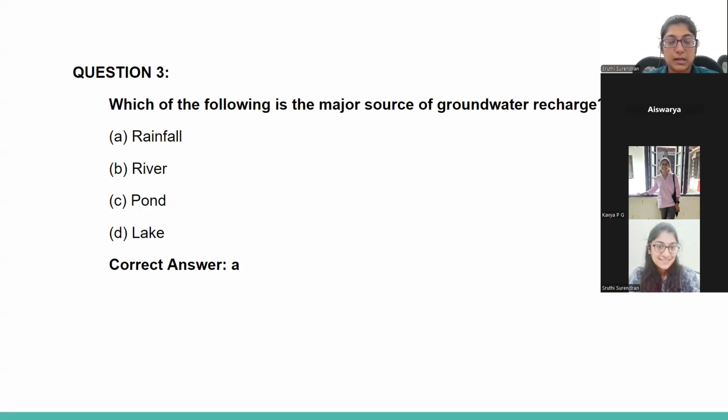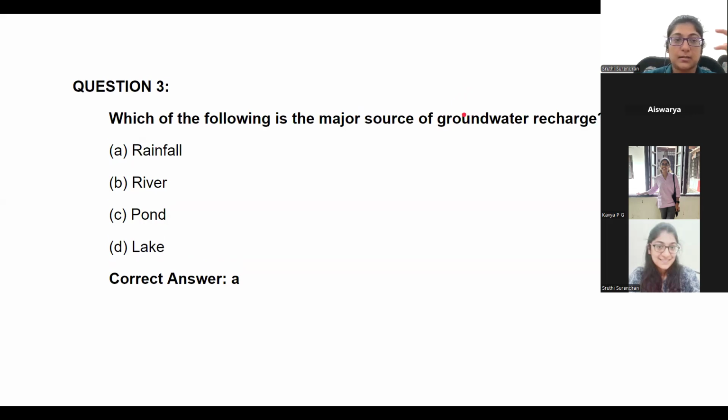We also studied in the last bunch of lectures how confined and unconfined aquifers receive their water. Unconfined aquifers receive water from direct rainfall, through percolation of rainfall, whereas confined aquifers do not get a direct recharge from rainfall.